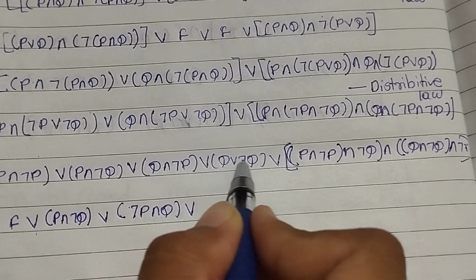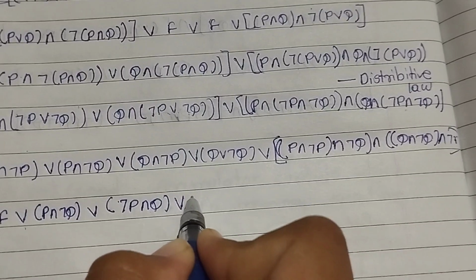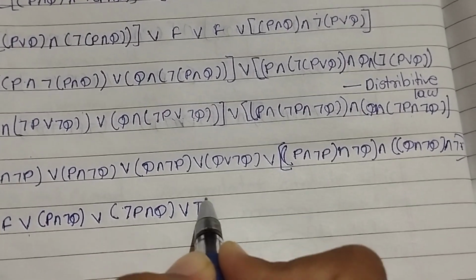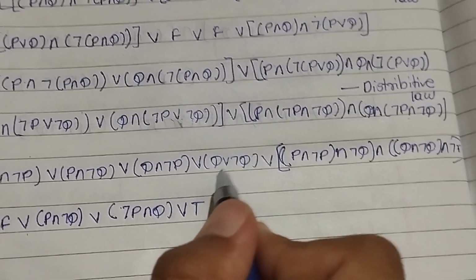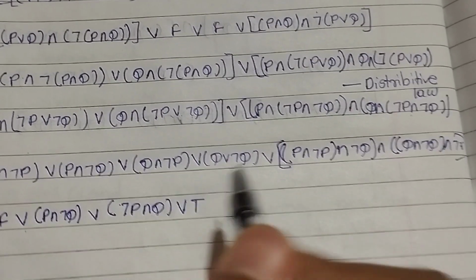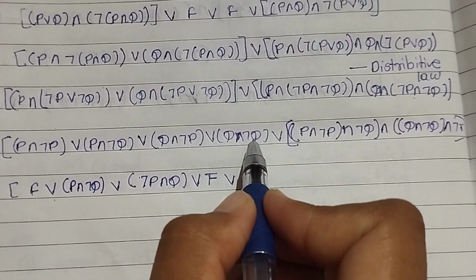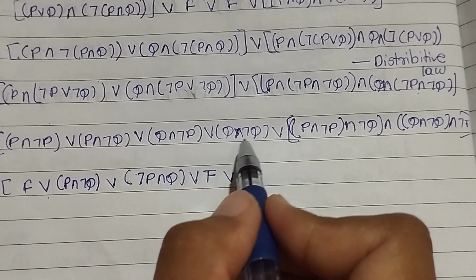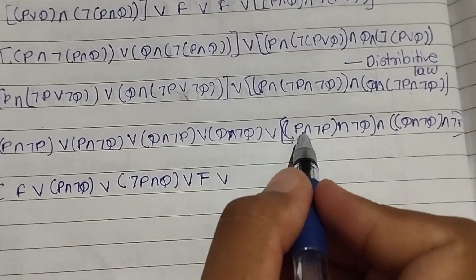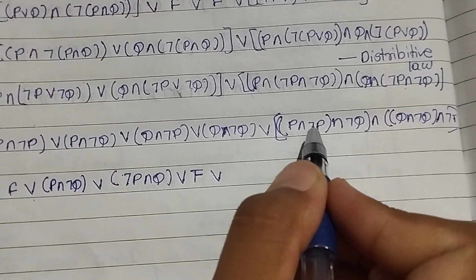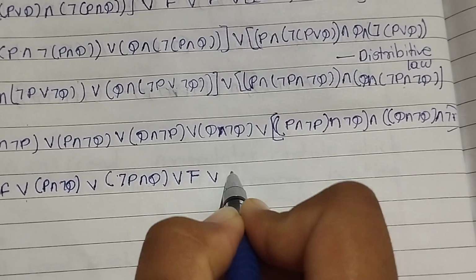Or P or negation Q or negation Q. Q or negation Q is T. Or Q and negation Q is F, because T, otherwise all are F. So this is F. Or P and negation Q is F.